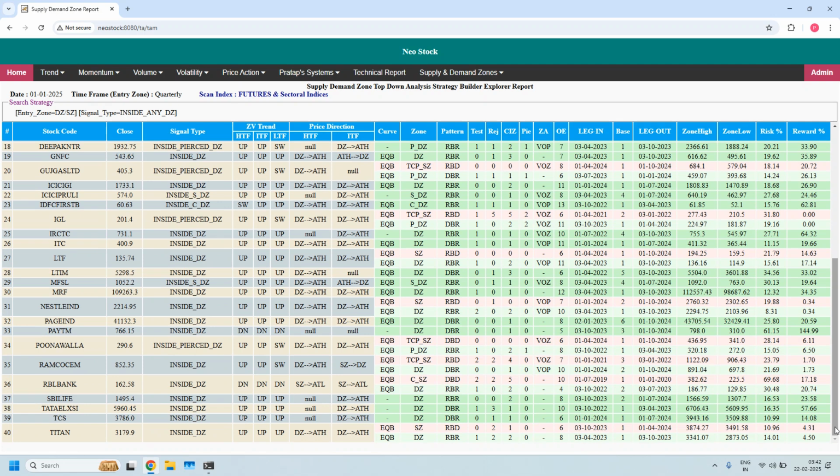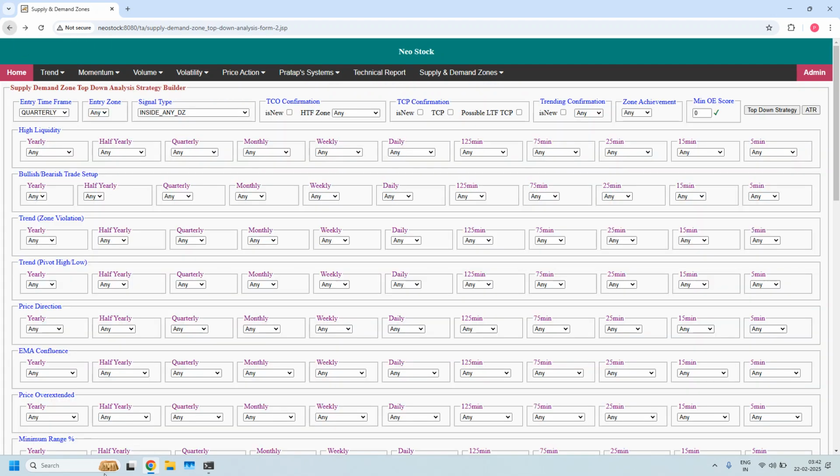Because the list is very big, we can further filter this list based on quarterly EMA confluence, the demand zones having quarterly EMA confluence. So I'm going back, setting the filter EMA Confluence at quarterly time frame by selecting the option quarterly demand zone having quarterly EMA Confluence.